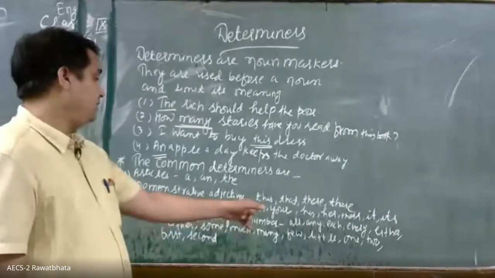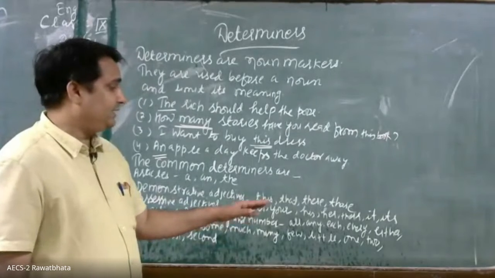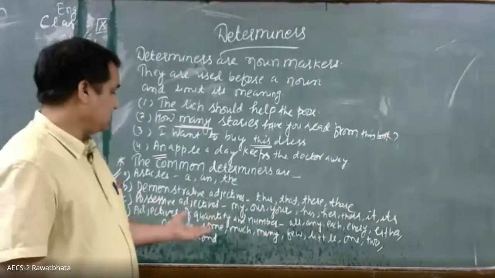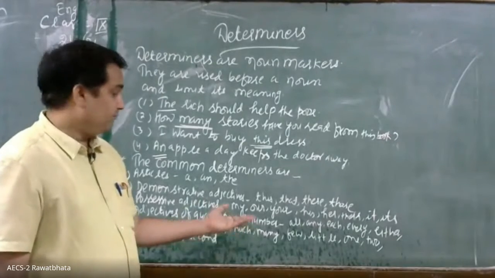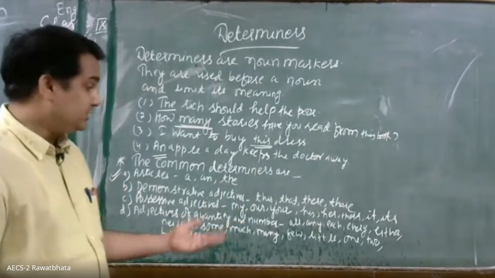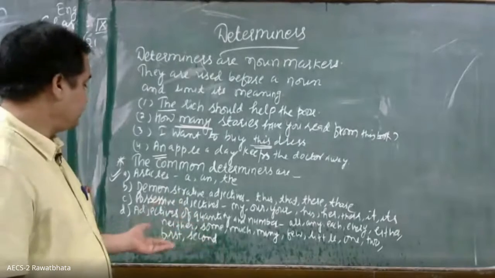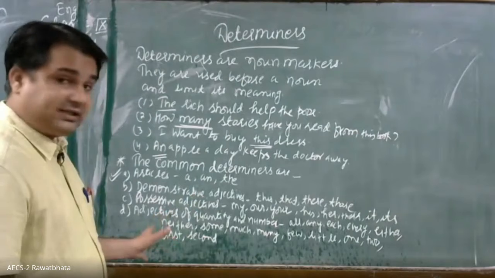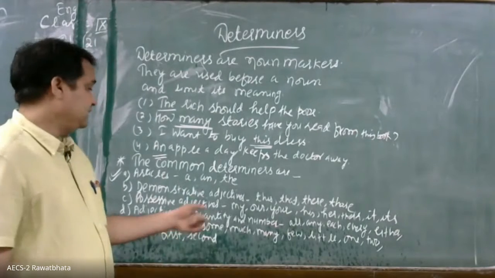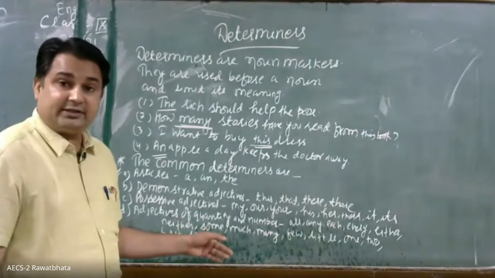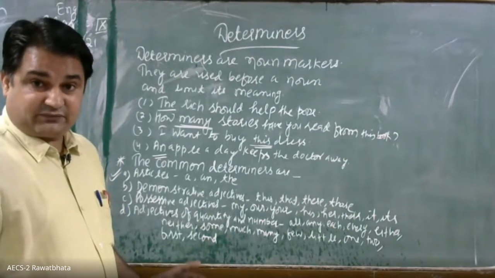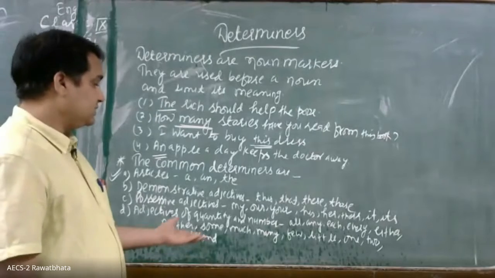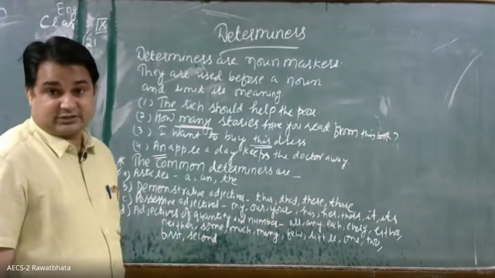For example, all, any, each, every, either, neither, some, much, many, few, little, one, two, first, second. All these are adjectives of quantity and number. They specify the quantity, they specify the number, and all these are determiners.